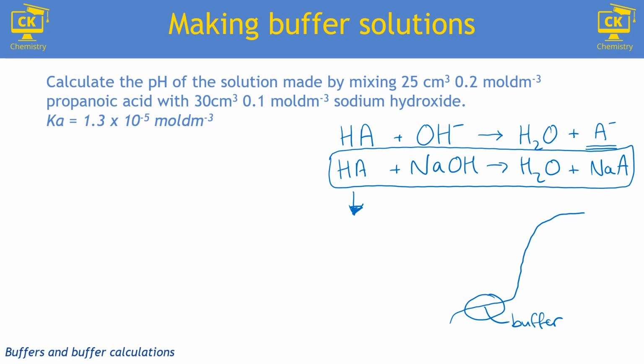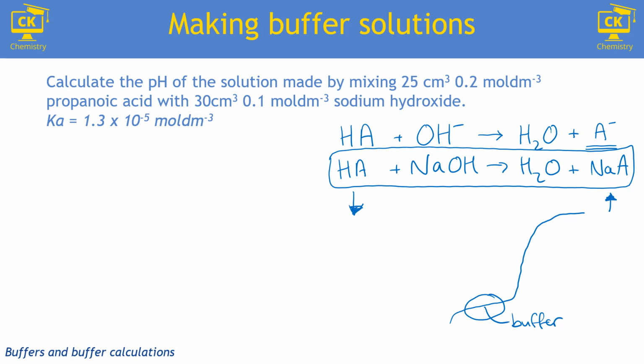And my A-, which started at 0, or my salt, is going to be made. So what I need to work out is how many moles of weak acid I have left and how many moles of salt I made. Those give me my values for my A- and HA to go in the good old Ka equation.